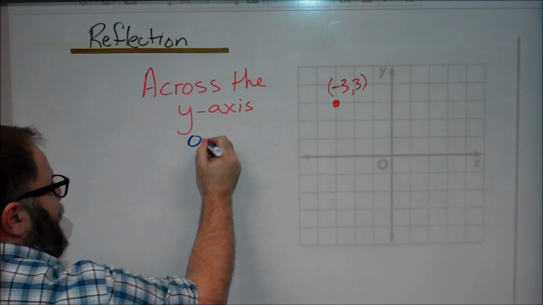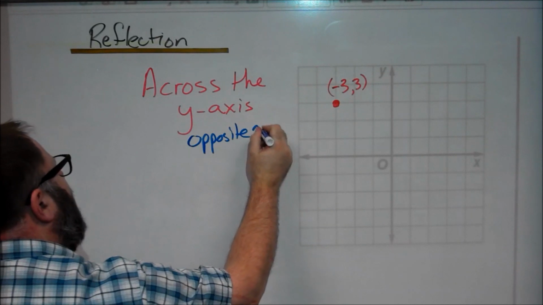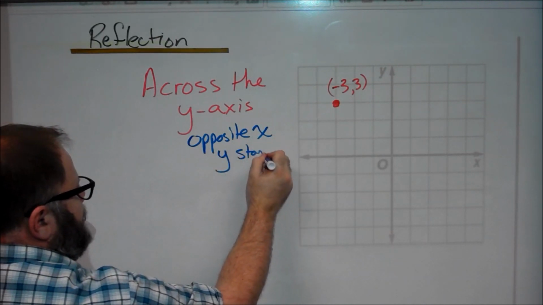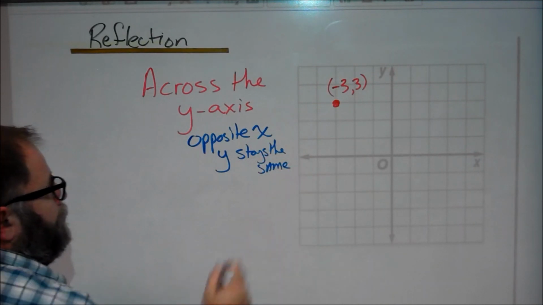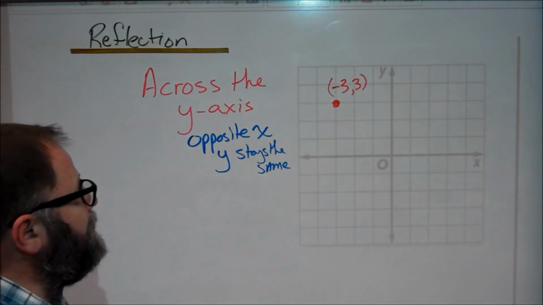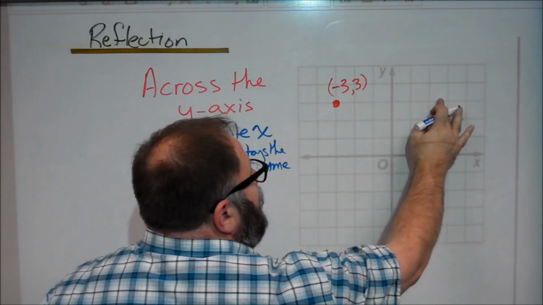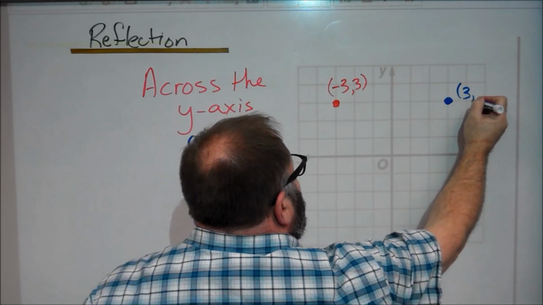I want to use the opposite x, and y stays the same. So if I'm reflecting negative 3, 3 across the y-axis, I want the opposite x, 3, and the y stays the same.